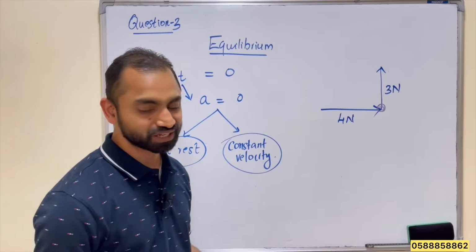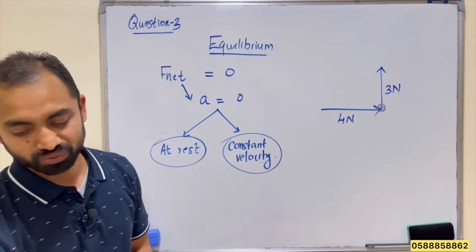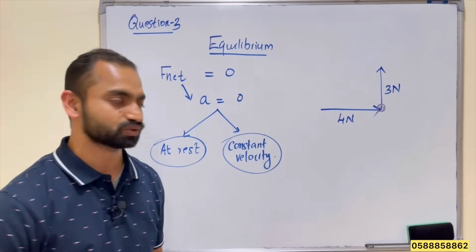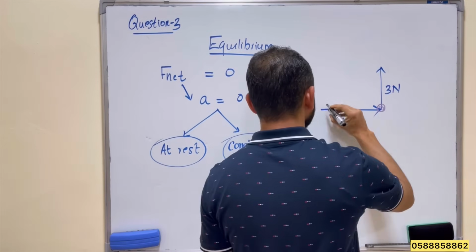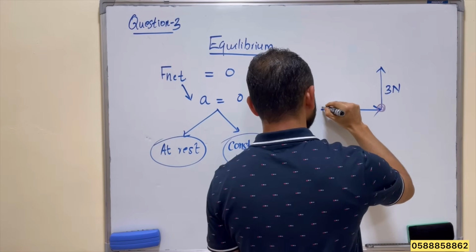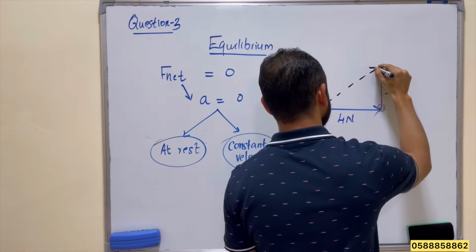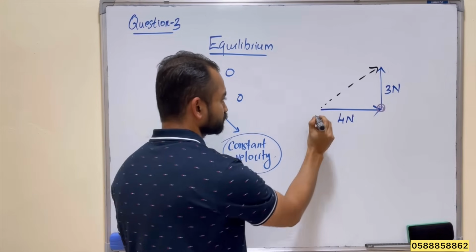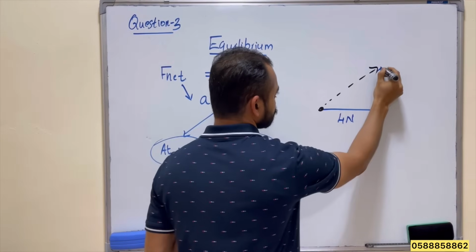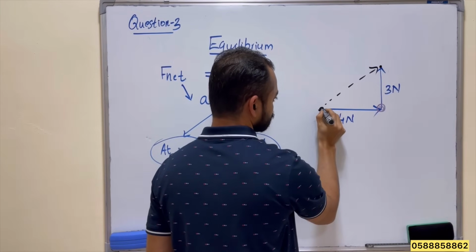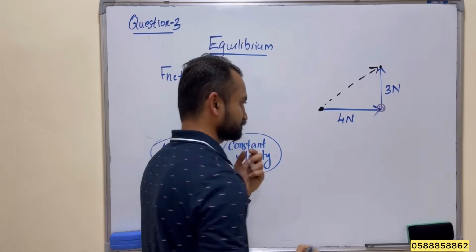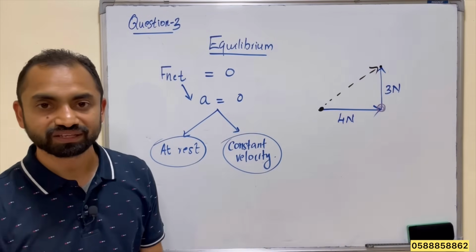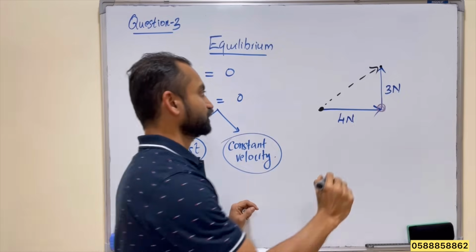And you know how to calculate the net force. You know how to use the Pythagorean theorem to calculate the net force. So its net force will be along this direction, right? Net force will always be from the start to the end of the vector diagram. So what will be the value of the net force?